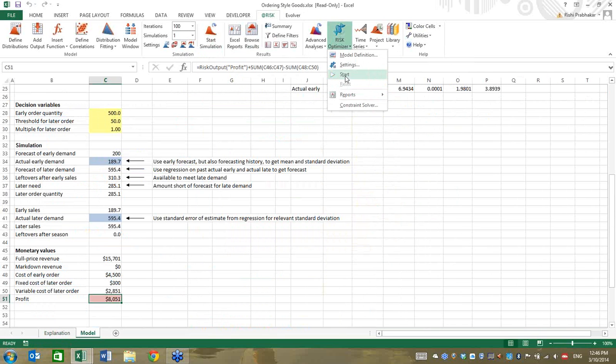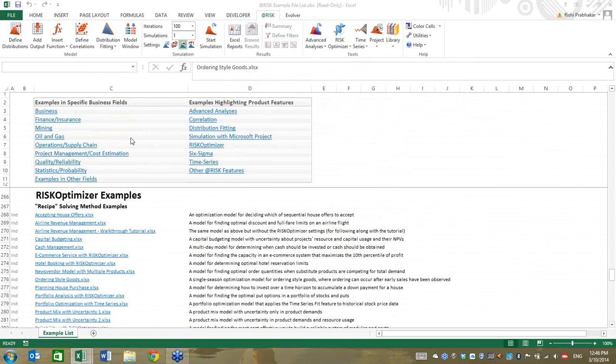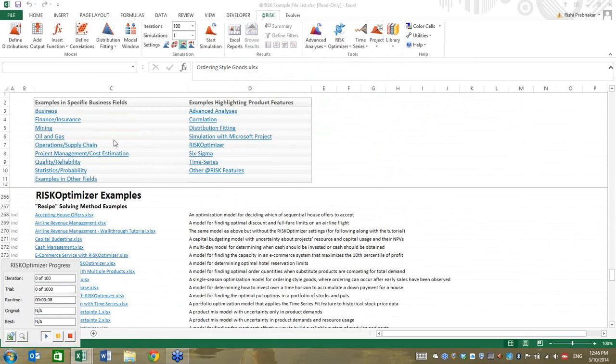So I now have RISKOptimizer set to consider both of those issues. So I'm asking, what is the decision that has the highest expected value but does not have a standard deviation greater than 2,000? These constraints, in particular constraints upon the output distribution like this, are a perfect way of getting RISKOptimizer to enable you to include not necessarily arbitrary, but sort of arbitrary business ideas that the organization wants to have you take note of.